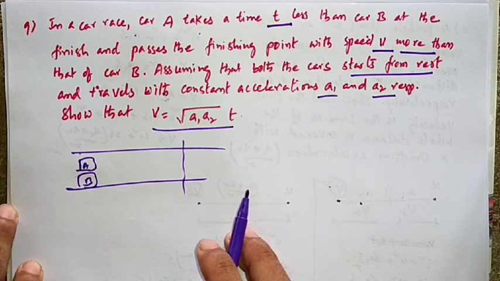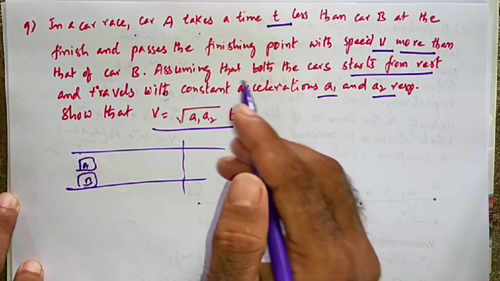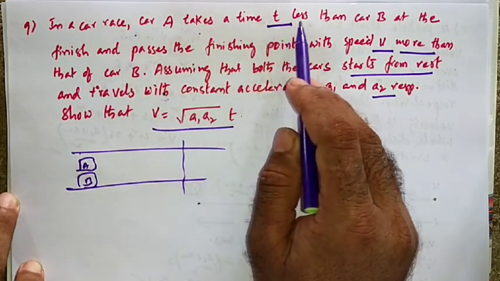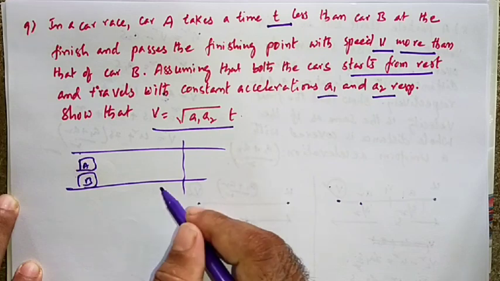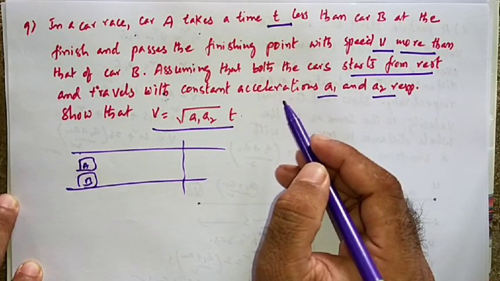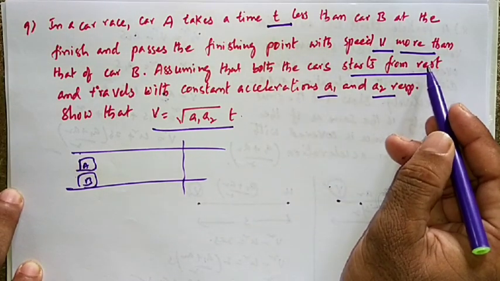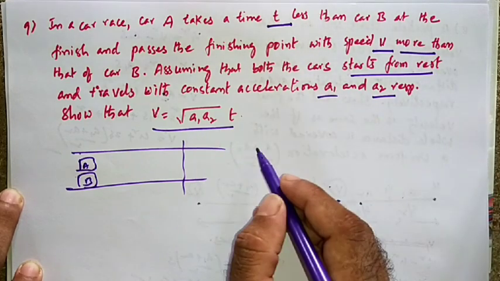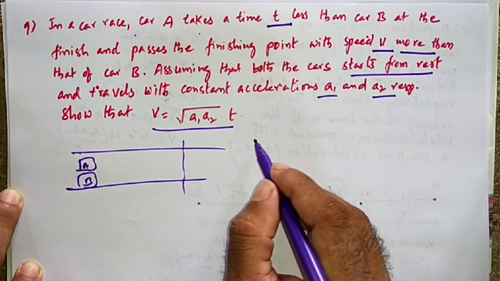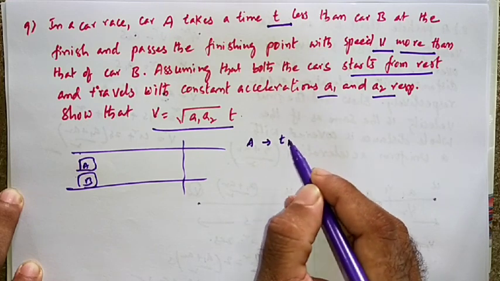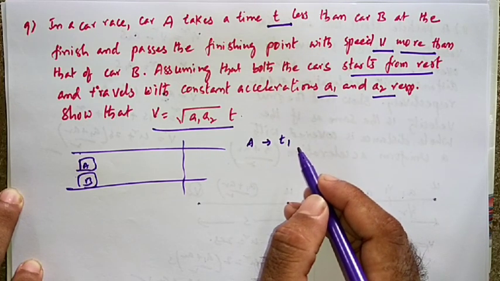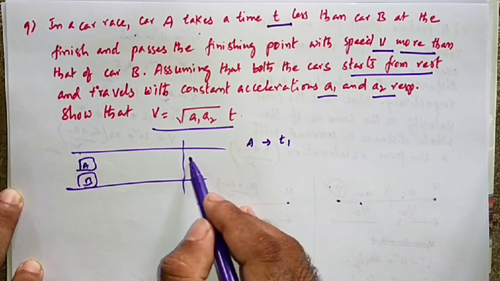Clear, Nana? Both are starting at the same time or not? See that? Both are starting at the same time. And their initial velocities are 0 because they are starting from rest. Now let car A take t1 time, okay na, t1 time to finish the race.